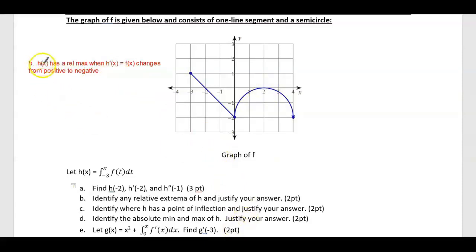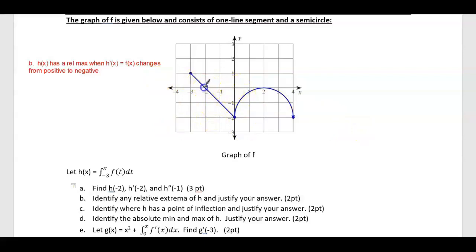So h has a relative max when h prime, which is f, changes from positive to negative. And so the question becomes, where does this graph change from positive to negative? Well, the graph, not the slope of this graph, but the graph itself. This graph changes from positive to negative anytime it goes from being above the x-axis to being below the x-axis as we go from left to right.